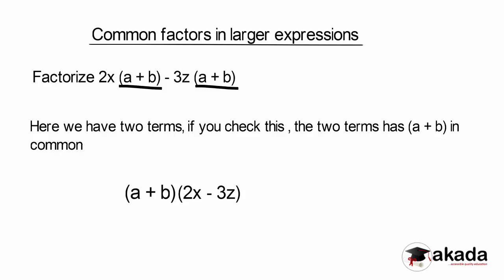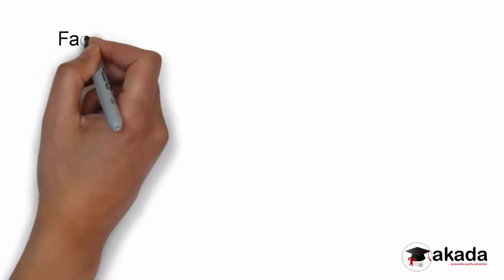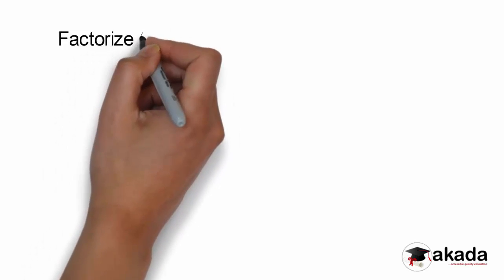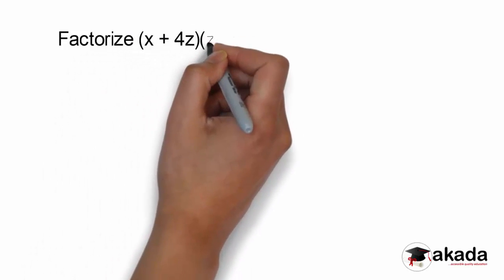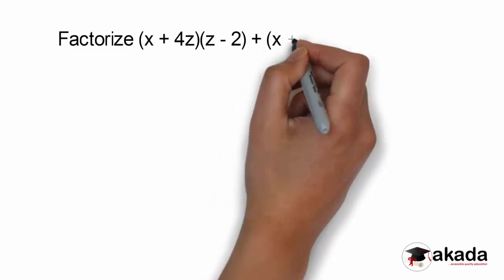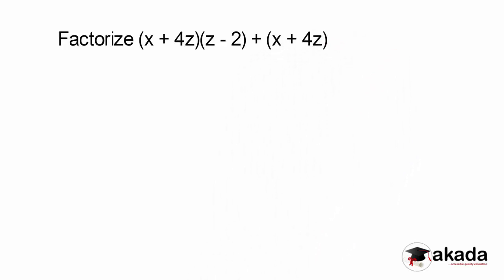Let's check another example so that you can have a full understanding of what I'm trying to do here. Example 2 says factorize (x + 4z)(z - 2) + (x + 4z). If you see here, we have two terms also. The first term is (x + 4z)(z - 2), and the second term is (x + 4z).